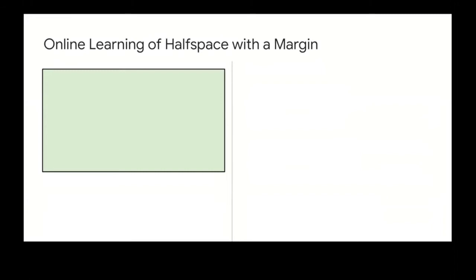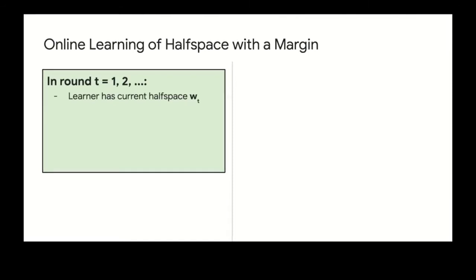In the online learning setting, the setup is as follows. You can think of it as a game that goes on for infinite rounds. At the start of round t, the learner has some current half space w_t.